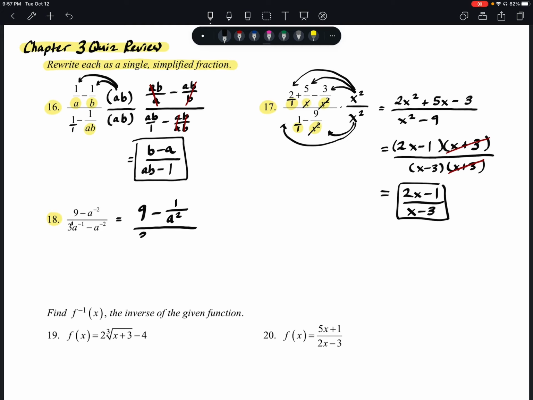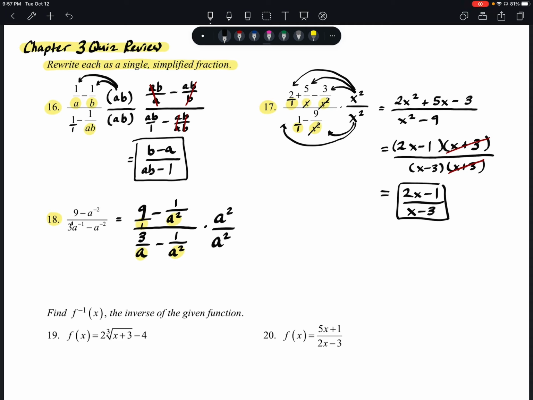So I would rewrite this as 3 over a minus 1 over a squared. And now as we look at our denominators, we've got a 1, an a squared, an a, and an a squared again, which means we need to multiply by something that's divisible by all of those, and that would be a squared.